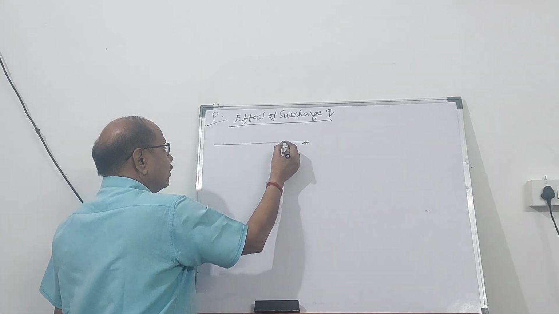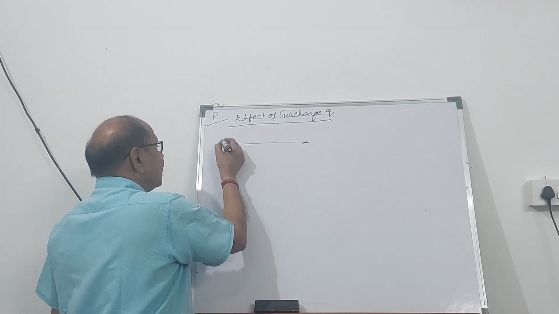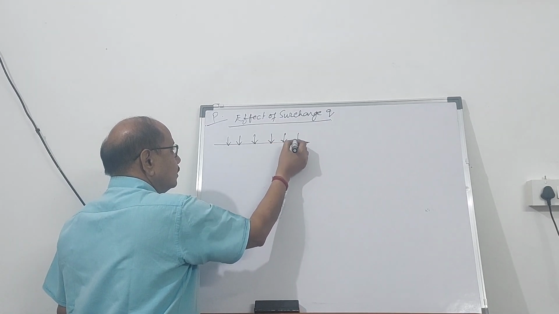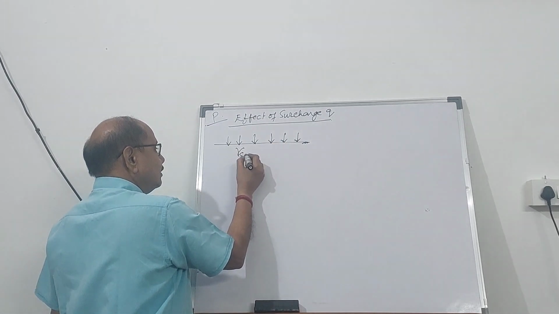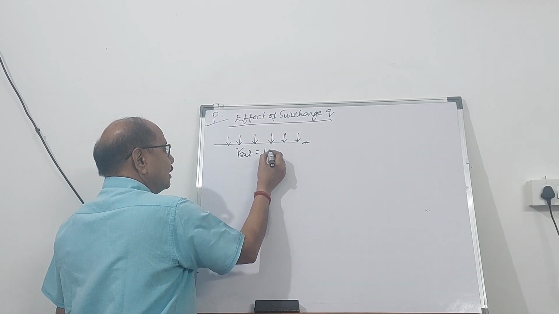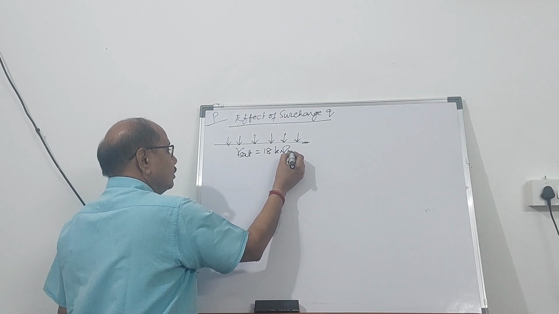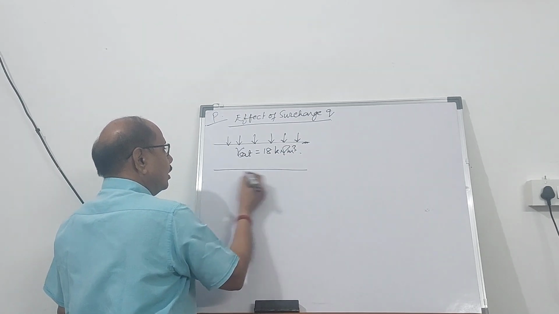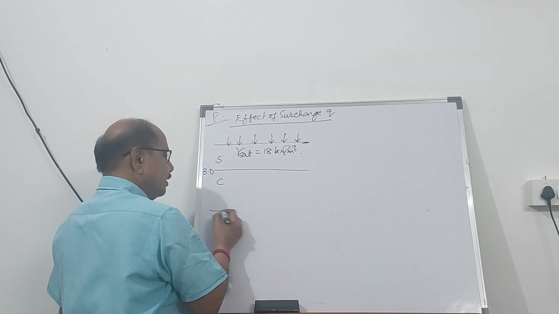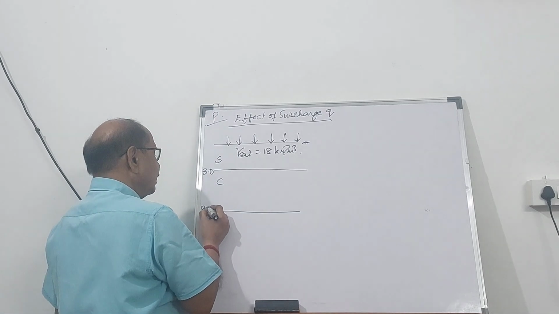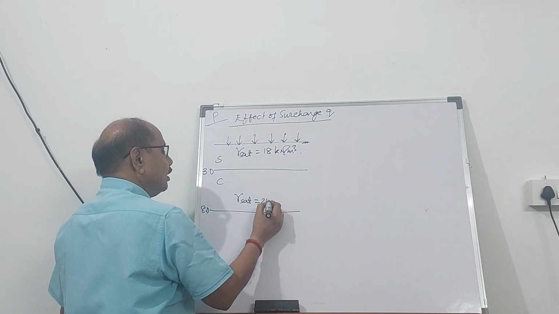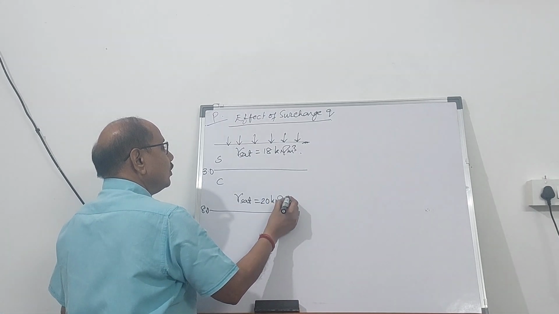So if it is fully saturated and surcharge is applied, the gamma sat is given to you as 18 kilonewton per cubic meter up to 3 meter. Say it is sand and then it is clay for the remaining 8 meter and gamma saturated is 20 kilonewton per cubic meter.